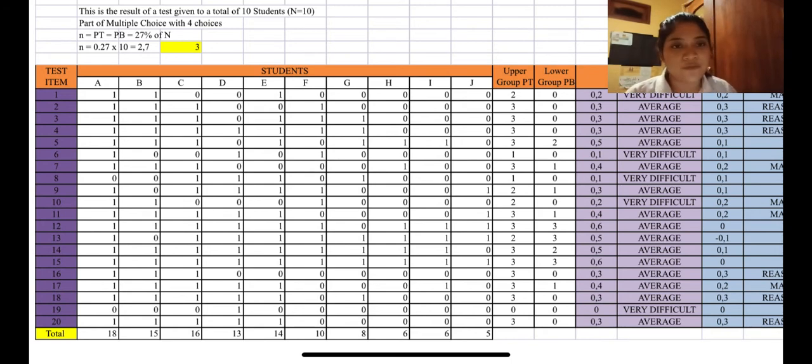And the lower group counts we got from the bottom 3 are 0 0 0 0 2 0 1 0 1 0 1 3 3 2 3 0 1 0 0 and 0.